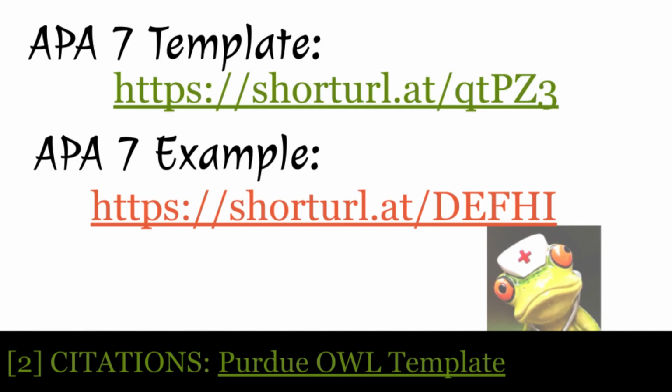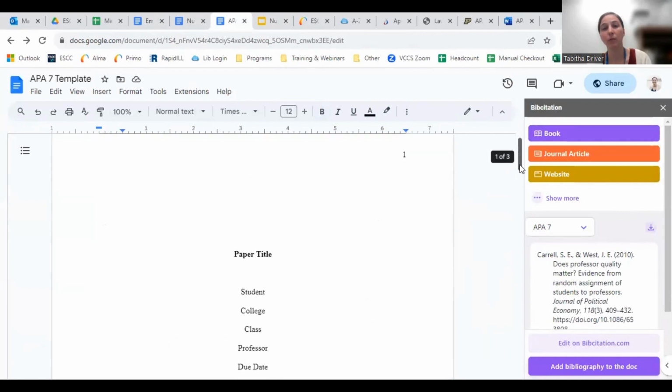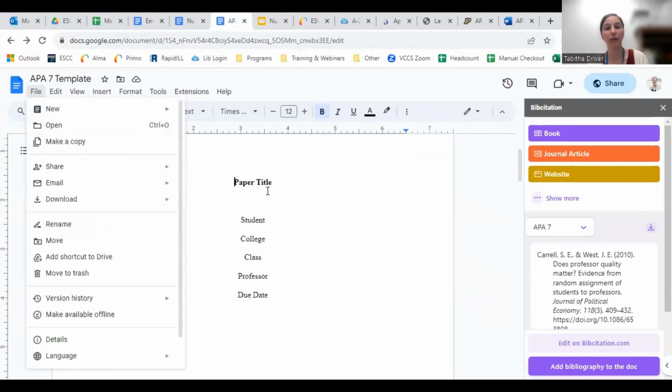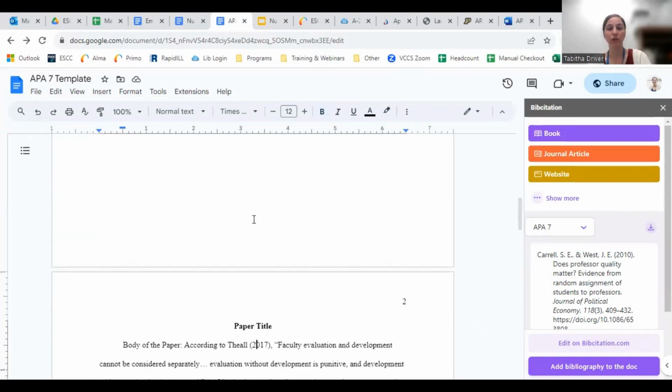Another tool is this template that I created, and you can go to it at this link right here. And this is just a little bit simpler in that it doesn't have the whole paper. And so you can make a copy of this file, put your title, and it tells you what should go where.